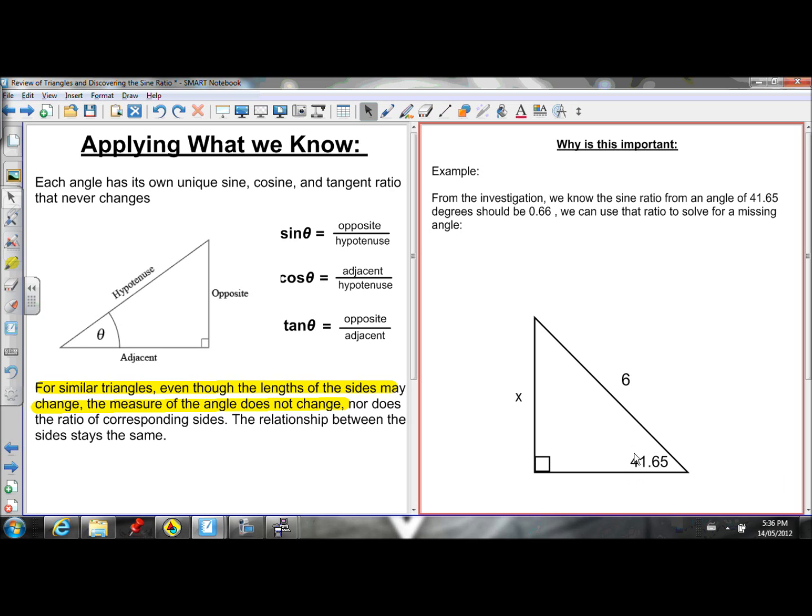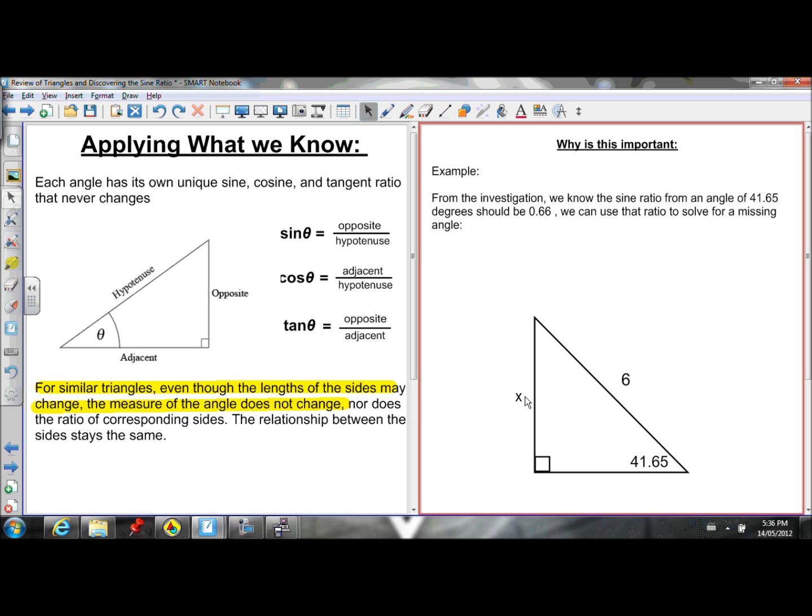Because all right angle triangles with an angle of 41.65 are similar triangles, because all three of those angles would have to be equal, all of their ratios, opposite over hypotenuse, should be 0.66. So we could use that ratio to solve for a missing side.